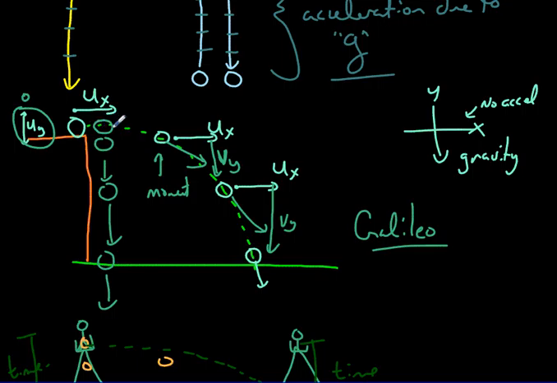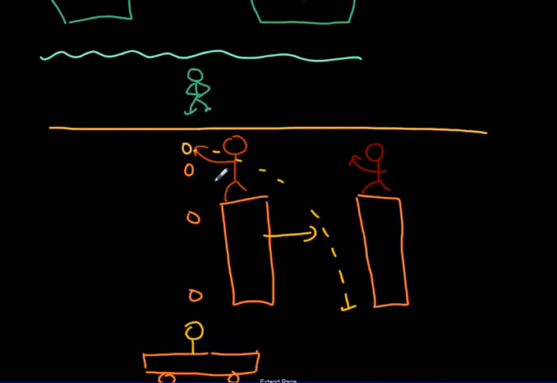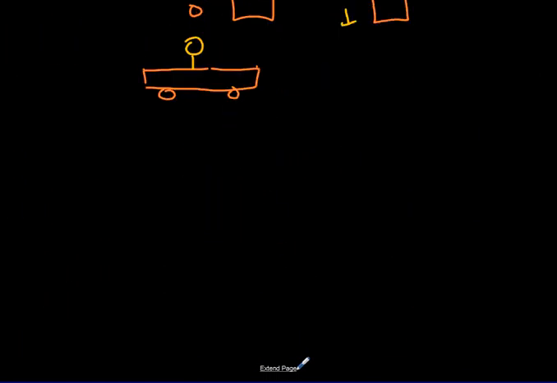So it makes sense logically that a dropped object and an object launched horizontally with no vertical component to velocity at the beginning will hit the ground at the same time, okay? So projectiles, these are them, and there's one more type of projectile we'll look at, and then we'll crunch out the math on all of this.